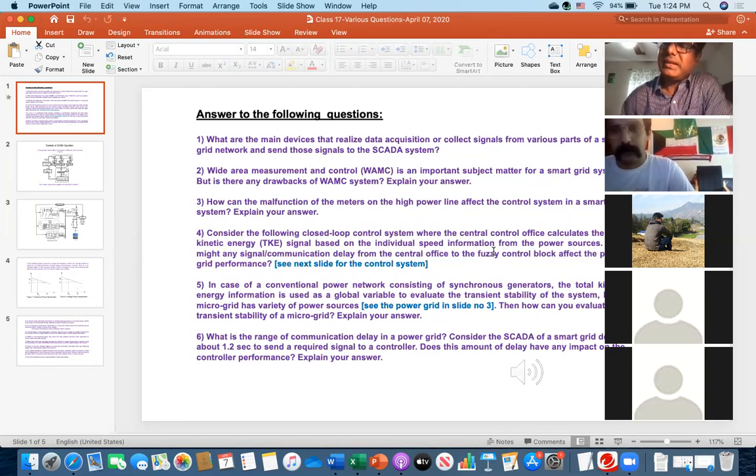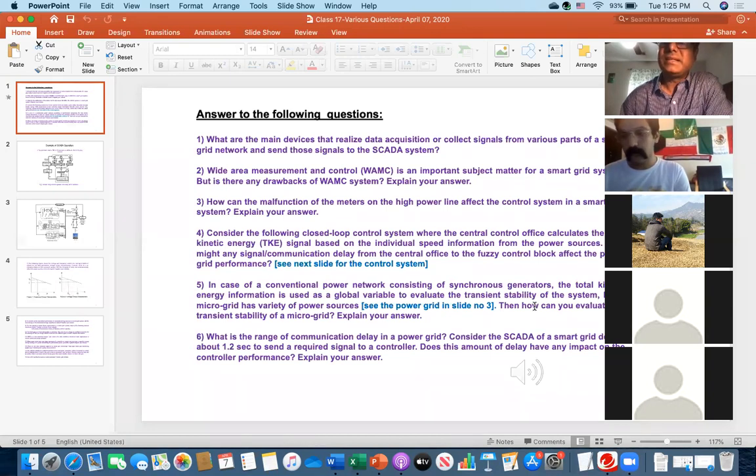You know the velocity or the speed information, and the mass information you will get from the manufacturer nameplate, or at the SCADA that is available. But now, question number 5, we are talking about a microgrid, and a microgrid has different sources, not just a synchronous machine. It has solar, wind, and other sources. That's why you cannot use the speed signal or the kinetic energy as a global variable.